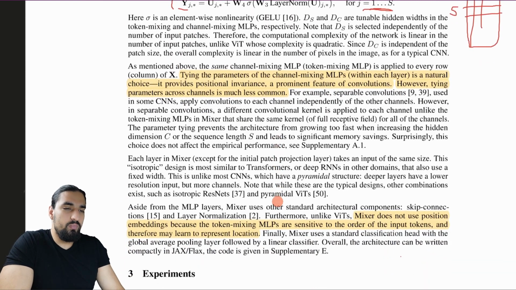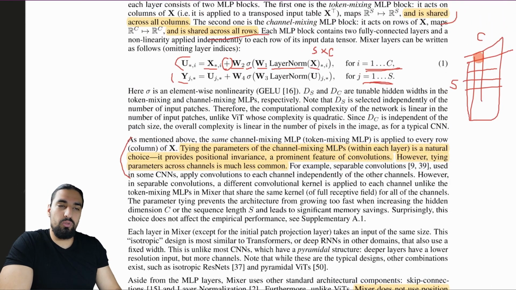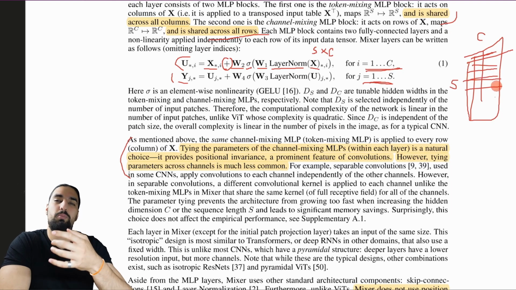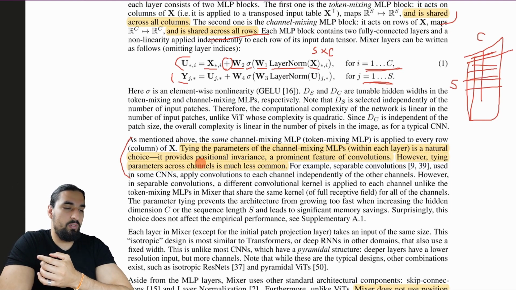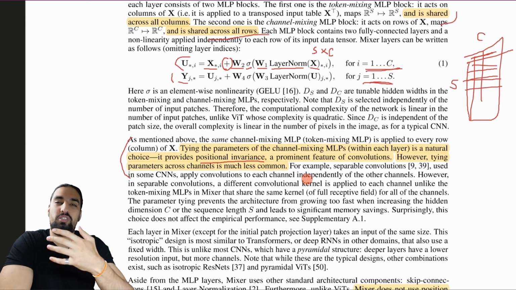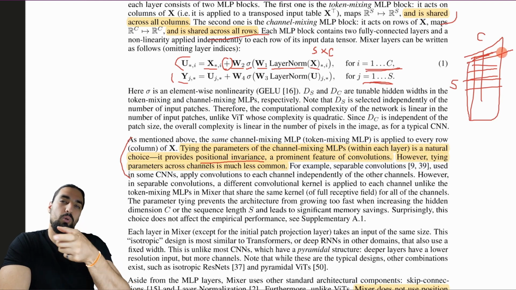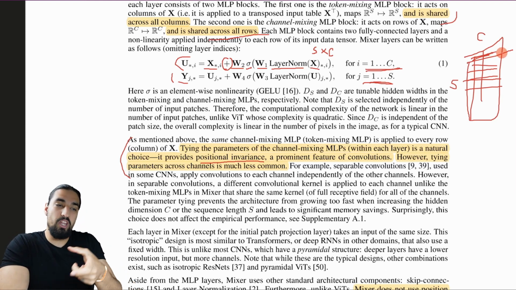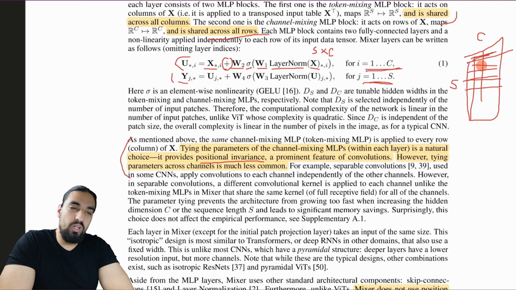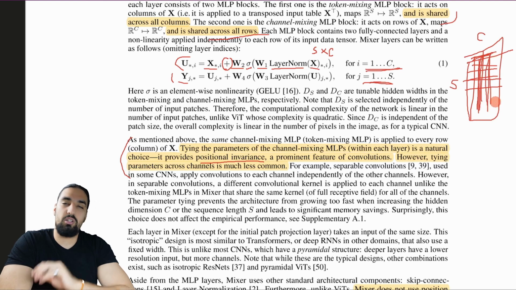Okay. They mentioned that tying the channel mixing MLP, so keeping the same network here and here and here, makes sense, because it enforces positional invariance: whatever you learn here, you want to have a pattern that's generalizable to all of the other spatial locations. But you usually don't take the MLP and constrain it to be the same across the columns.